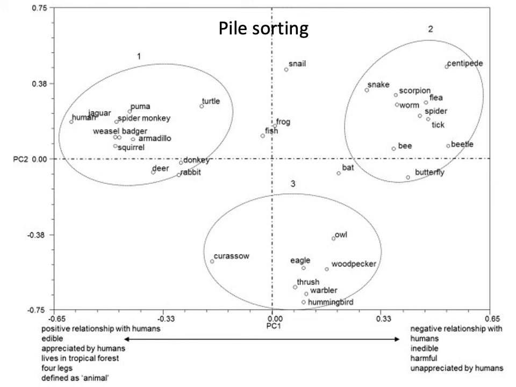Does the animal have a positive relationship with humans, or do people hate the animal? Is it edible or not edible? Is it living in a tropical forest or in the village? Does it have 4 legs or whatever? Then people pile sort, and different people pile sort in a different way, but here the consensus is calculated.